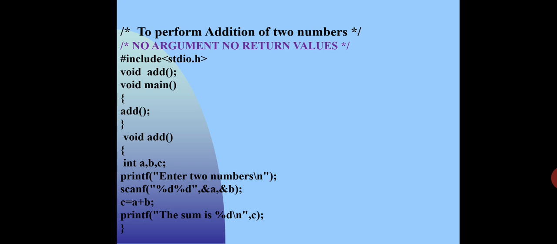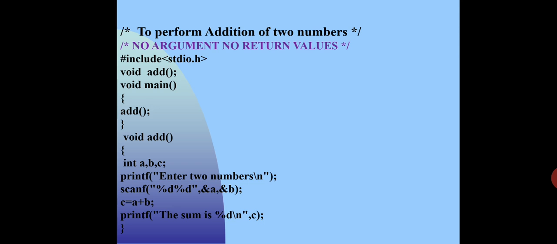Then comes the main function. From the main function it is calling add, followed by a semicolon. What is happening? It is calling the add function.